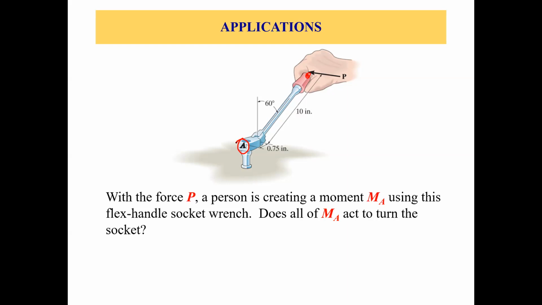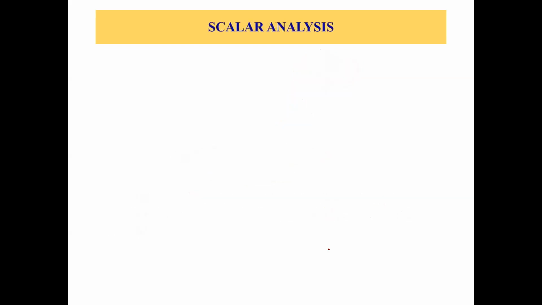Not all the components are helping us to turn this bolt. That's why we need moment about an axis, say about this axis. If you want to find the moment about this axis, then we want to utilize this method.